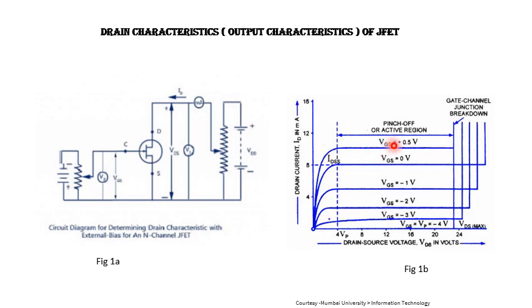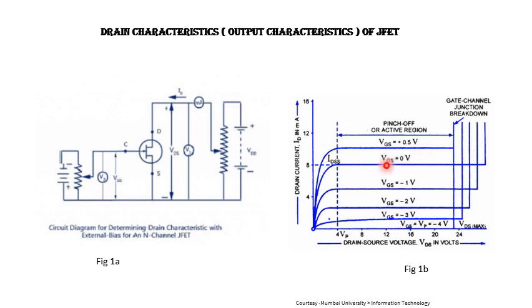These curves are for different values of VGS. For example, in the uppermost curve, VGS is plus 0.5 volt. Plus means VGS is forward biasing the gate and source junction, though in practice it is never used. The forward bias is never used, but it is shown just to give an idea what happens when forward bias is applied.